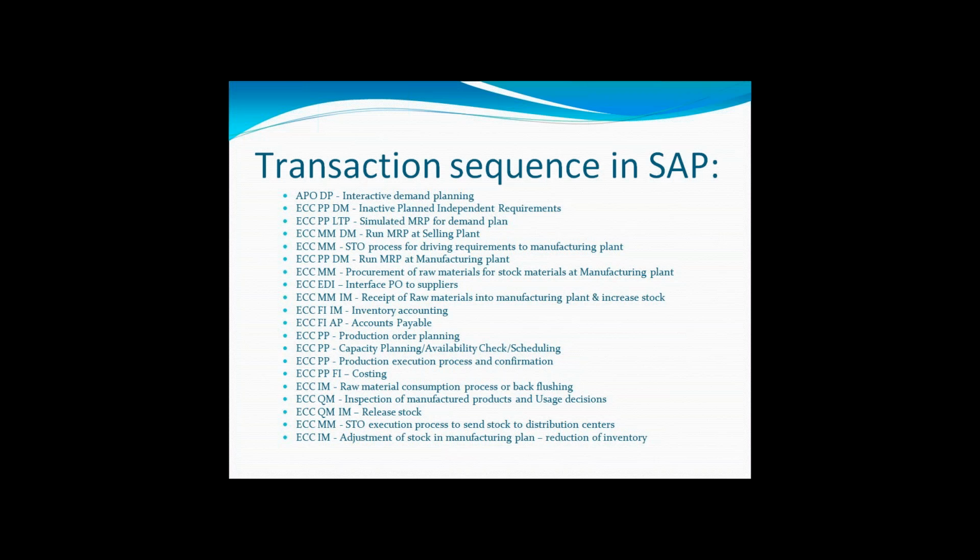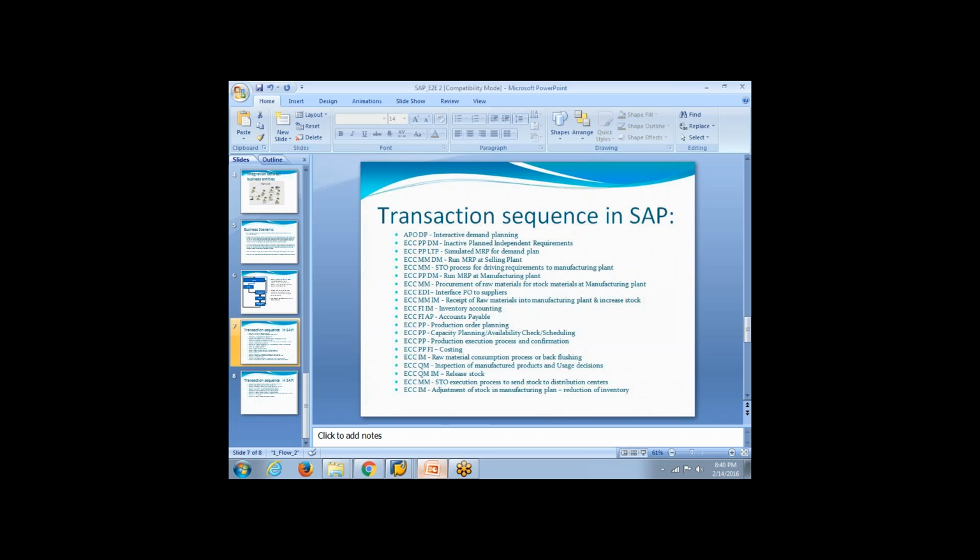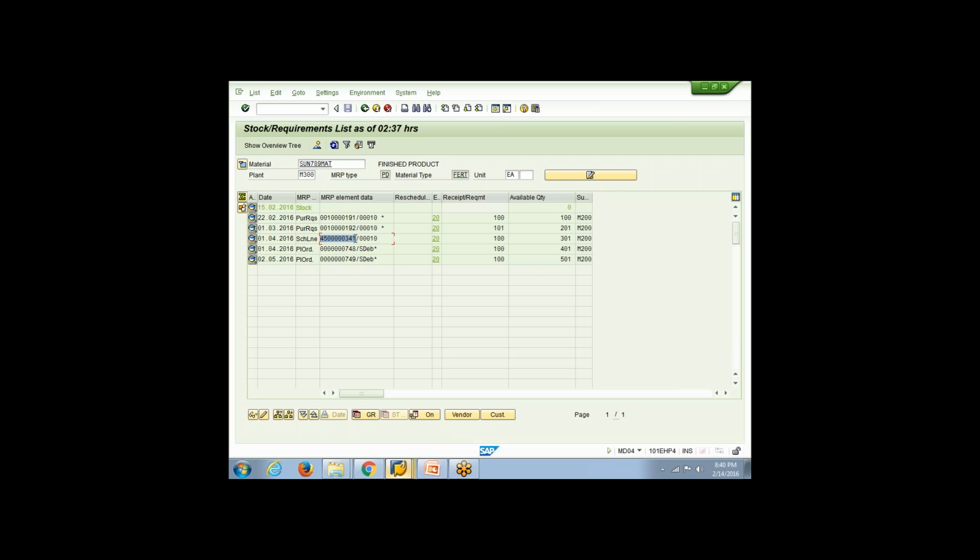That's typically how the supply chain really works in many organizations. Once you have all your master data configuration set up, you will create what we call the stock transport order to move the stock from your manufacturing plant to the distribution center.